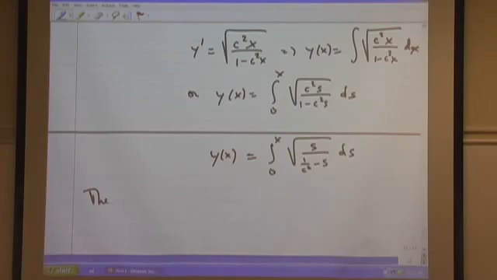So the value of c is determined by the condition that y at b is a certain value, right? Whatever the second point was. The first point we picked to be the origin, so the second point has some coordinates.